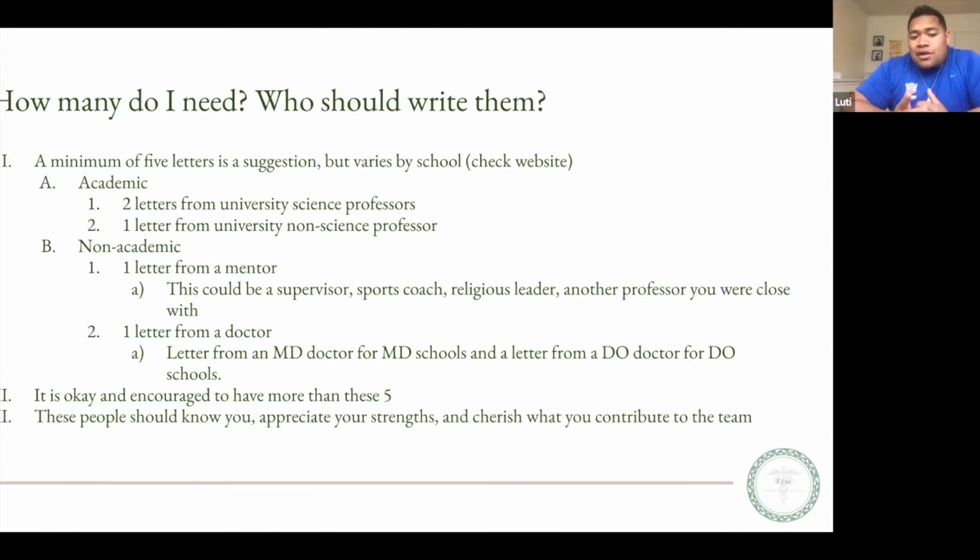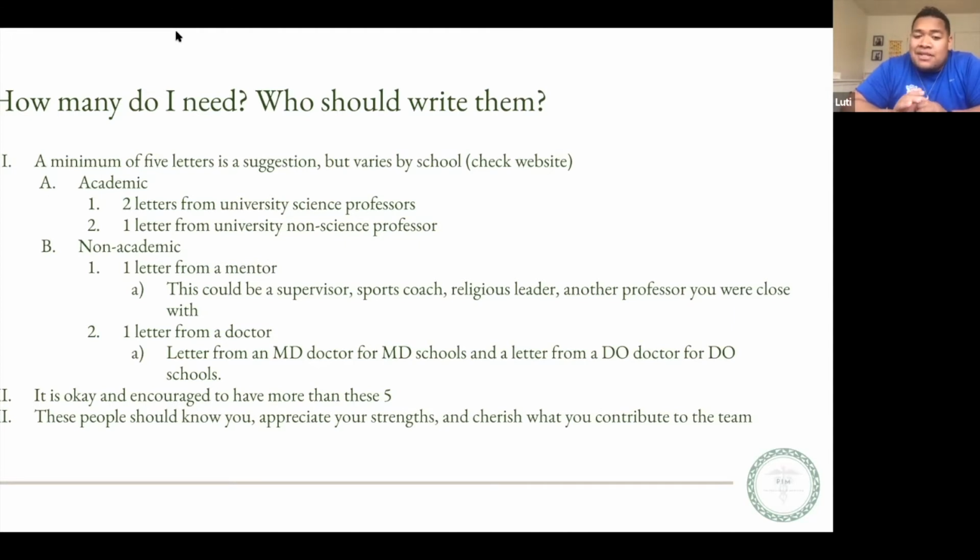And the third thought I just want to let you know is that these people really should know you. They shouldn't just be, last minute, 'Hey, I'm applying to med school. I know I took your class like 4 years ago. Will you write this letter for me so I can get into med school?' You can do that, but it's tough because that professor really can't say much about you, and it'll show.